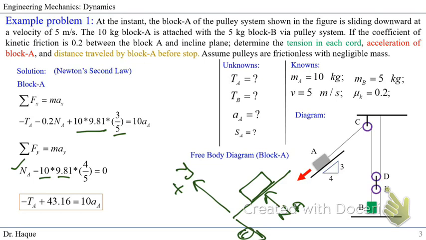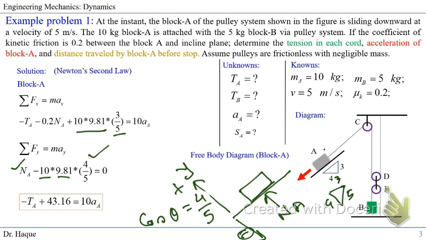Remember, we had the triangle from here, which was 5, 3, 4. So we will have cos theta, which will be the base 3 over 5. Sorry, we'll have the base 4 over hypotenuse 5.